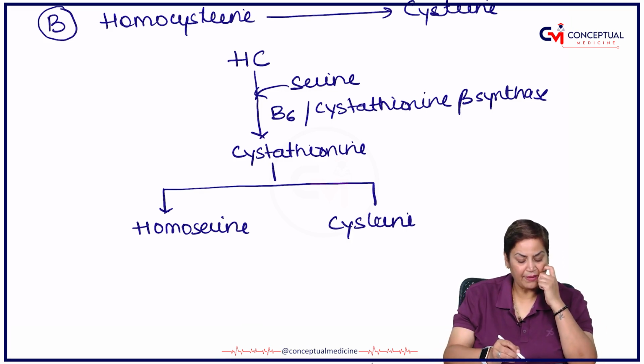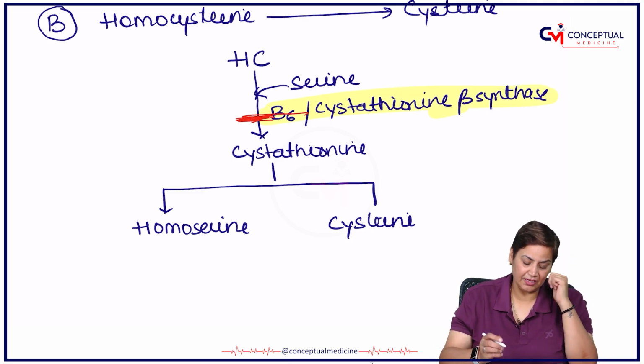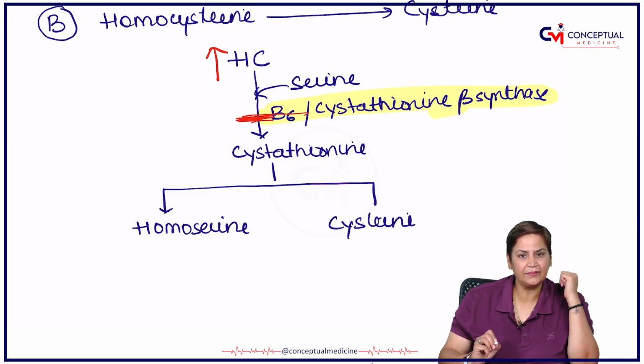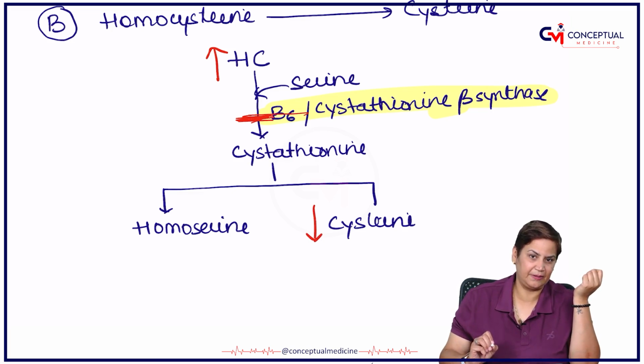Right. Now what happens is, if I say this B6 or cystathionine beta synthase is absent, again what will happen here? Here there will be increased concentration of homocysteine, clear? But there will be decreased concentration of cysteine.